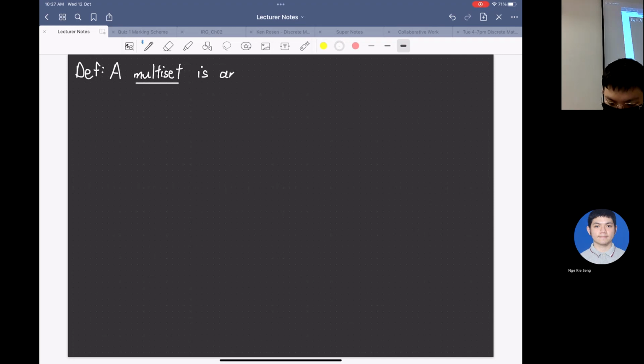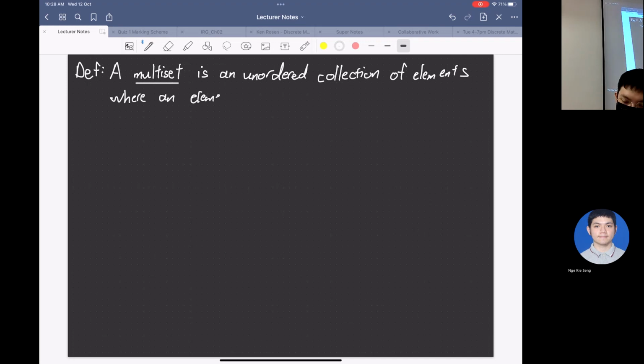This should be useful. A multi-set is also an unordered collection. This unordered is quite important, because last time we talked about the Cartesian product, where the order is important, but in the set it's okay. An element can occur more than once.